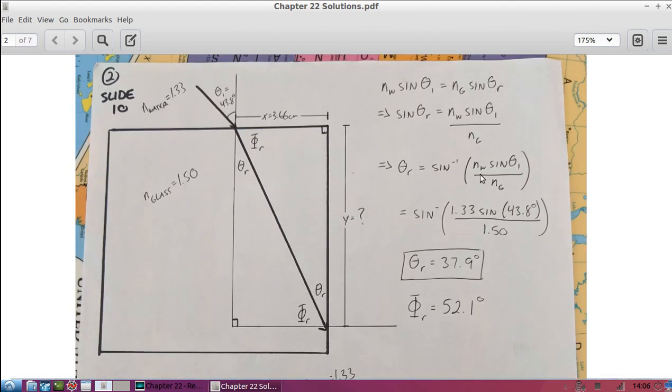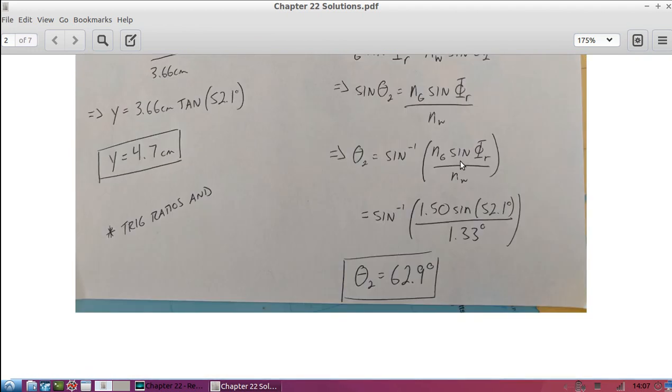Up here, I had water over glass. So this is where Snell's law makes itself a little more clear. It's the ratio of the indices of refraction that causes that light to bend one way or the other. So water to glass, and then glass to water.